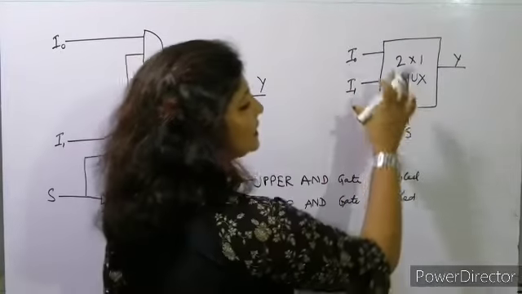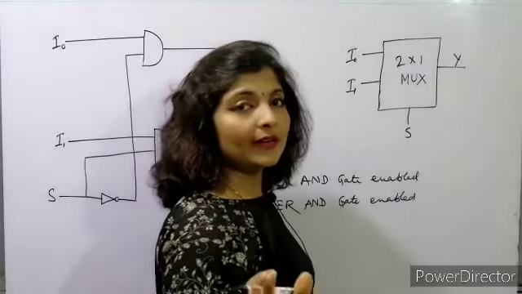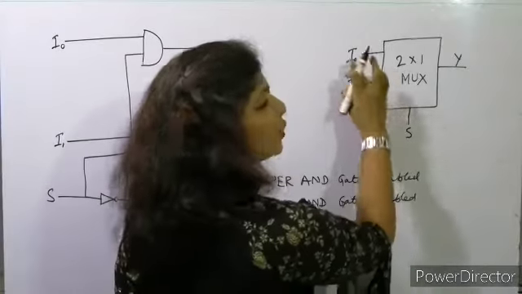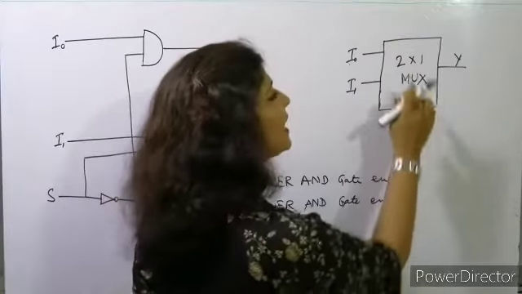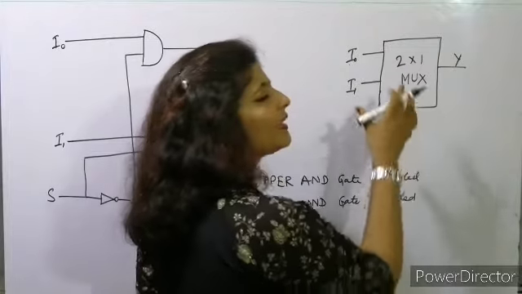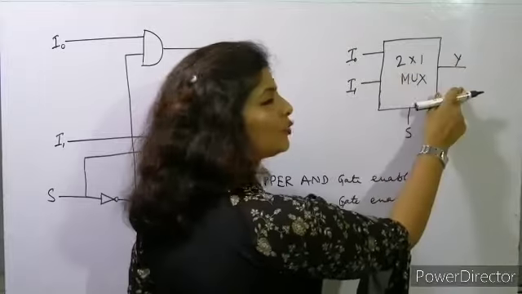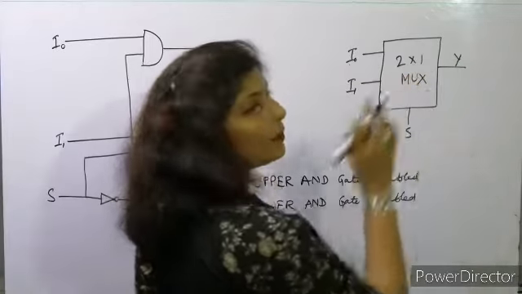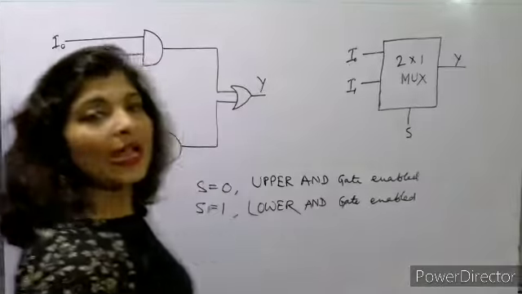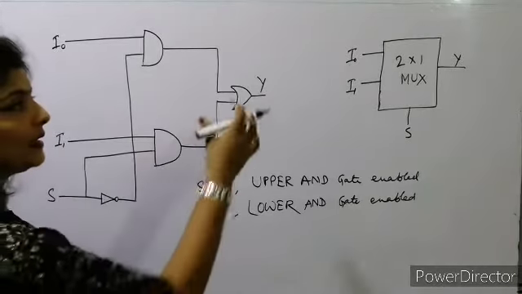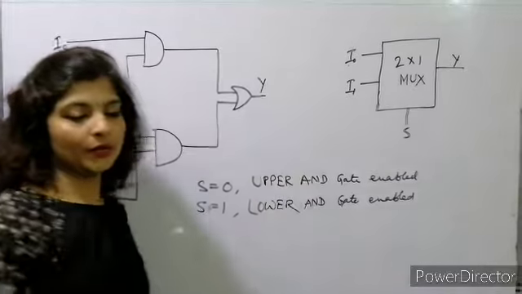The basic diagram we draw for a multiplexer has I0, I1, two inputs, one select line, and is written as 2 cross 1 multiplexer, because there are 2 inputs and 1 output. And this is the internal circuit behind this box, which we showed here.